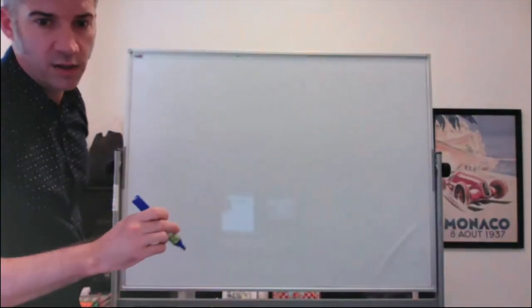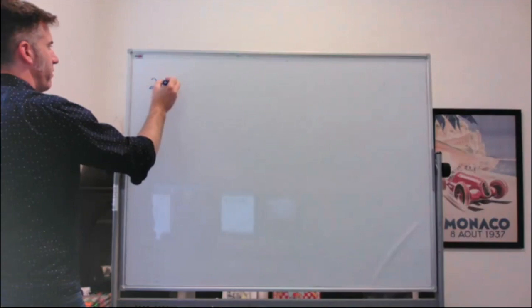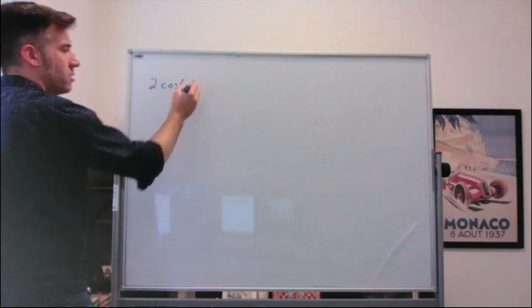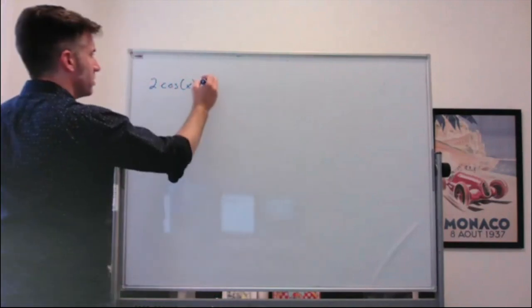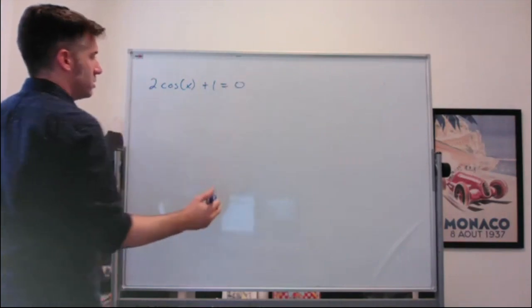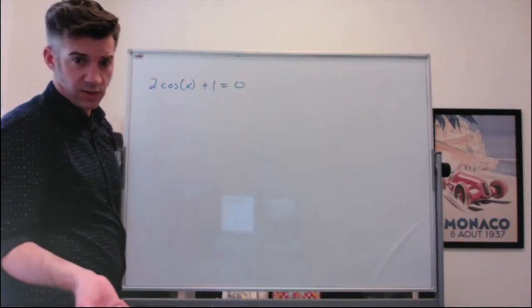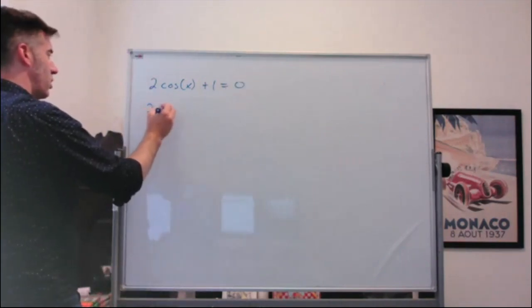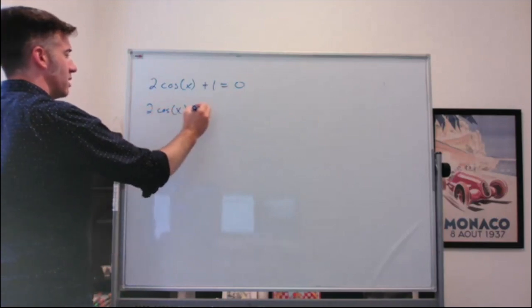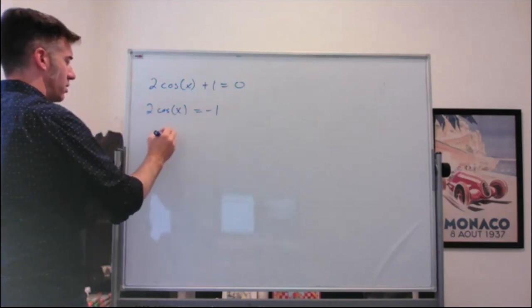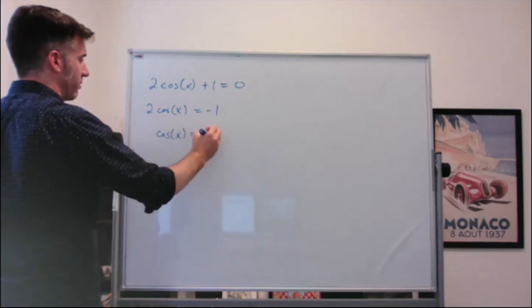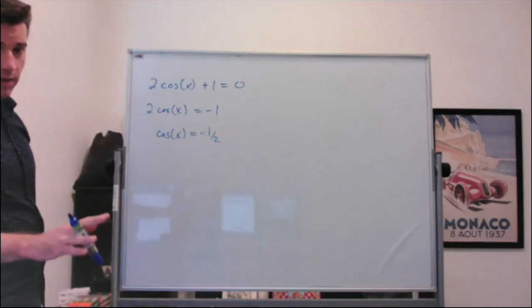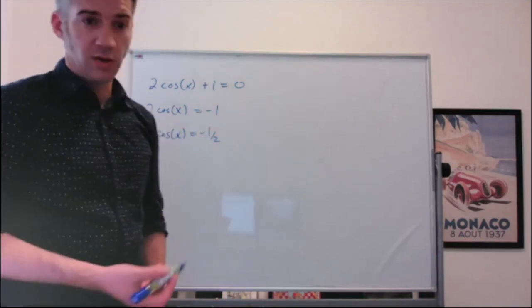So we're solving 2 cosine of x plus 1 equal to 0. So we're going to isolate our trig function since there's only one of them. So 2 cosine of x equals -1. Cosine of x equals -1/2. And our answers are between 0 and 2 pi.